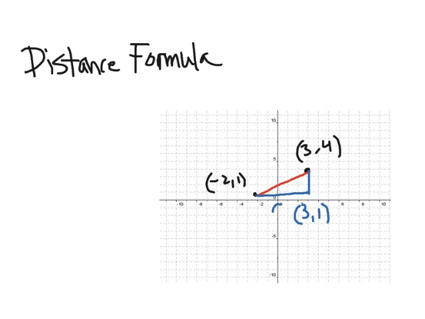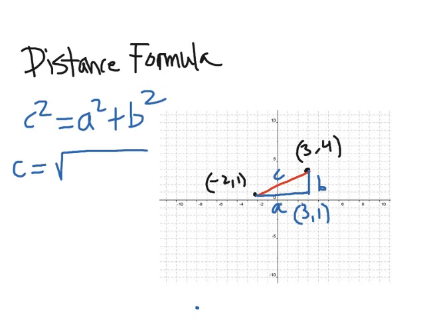If I call this side A and this side B, then this side would be C. So we would have C squared equals A squared plus B squared. But what we're really trying to find is C. So to find C, I take the square root of both sides. C is the square root of A squared plus B squared.